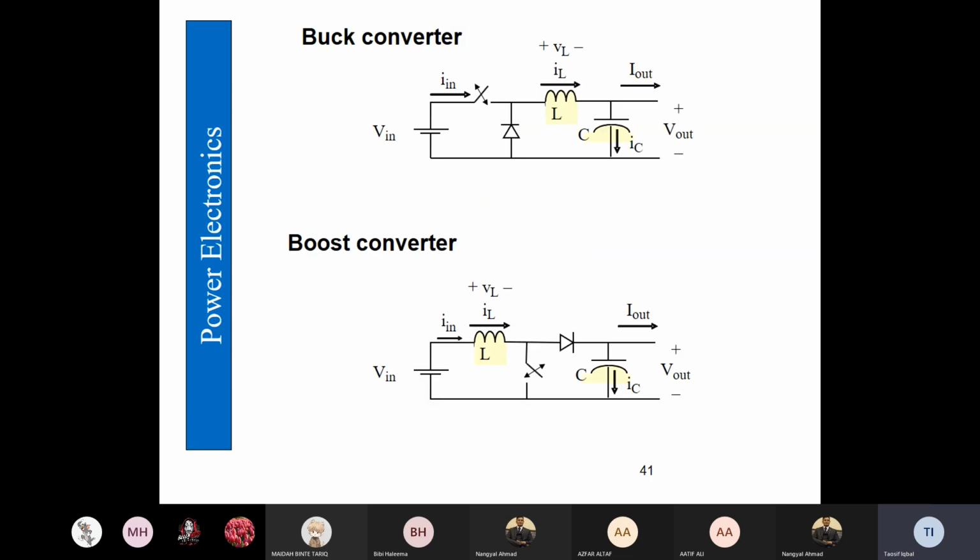So now let's talk about the next converter, which is basically a step-up converter, from buck to boost. How we can change if we change the position of inductor. So from third place, inductor comes at first place, then switch comes from first place to second place, diode second to third, and then we have the boost converter.